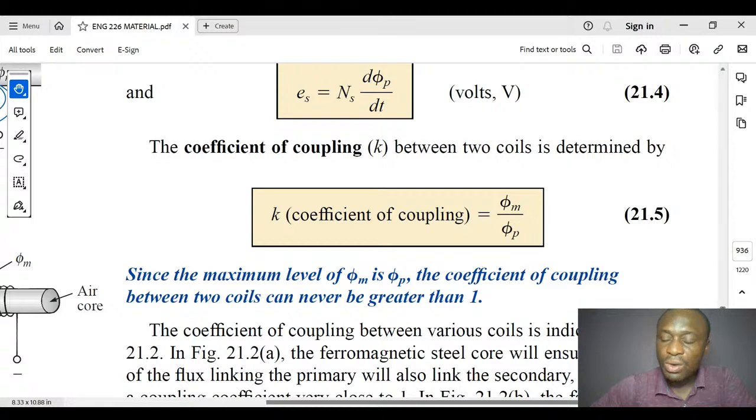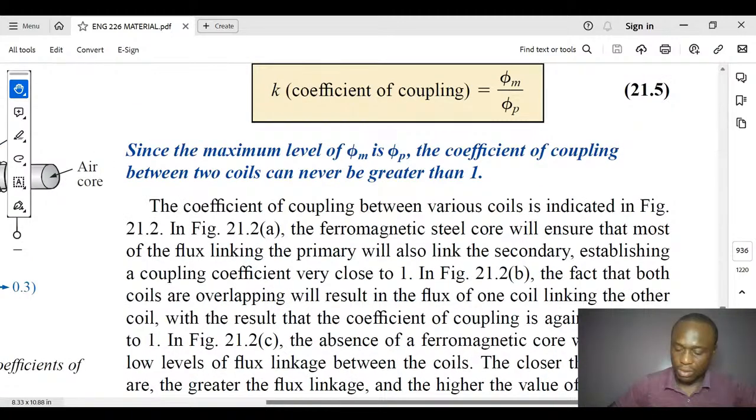So it's equally agreed that the coefficient of coupling of a transformer, just like we know the power factor of reactive circuits, cannot be greater than 1, but we have a limit, which is 0.85.